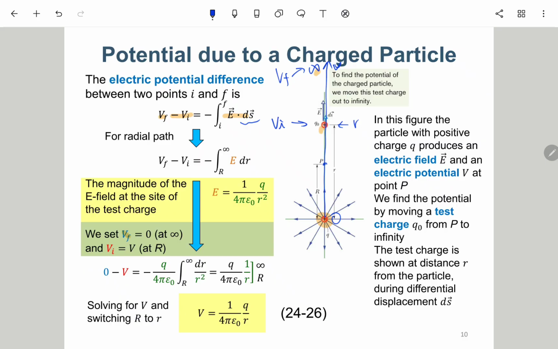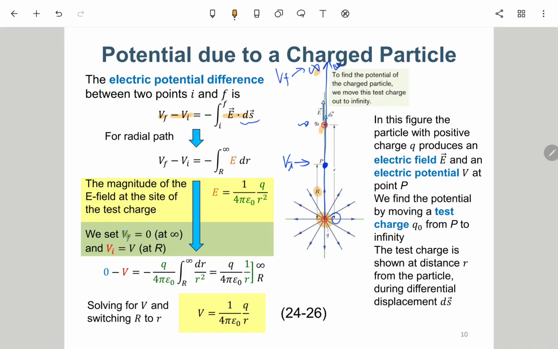I think it should start from this point instead. This one should be the initial point, and this is just a point in between. So start from this capital R.